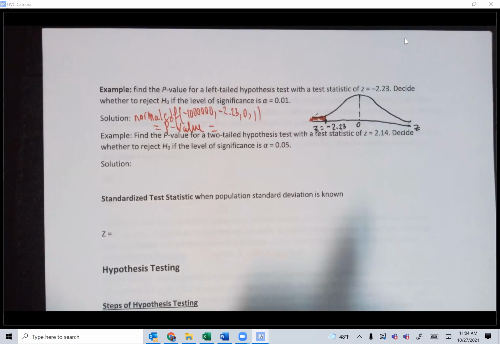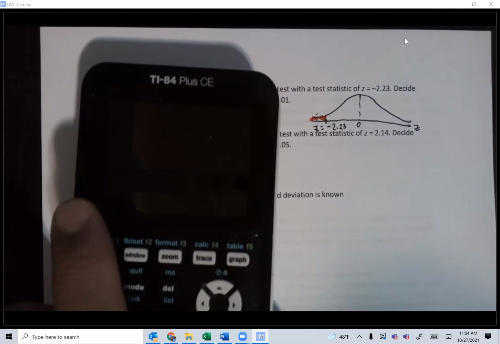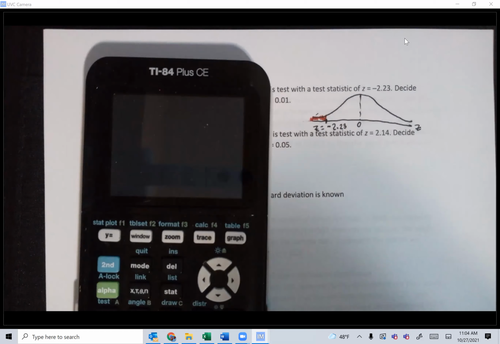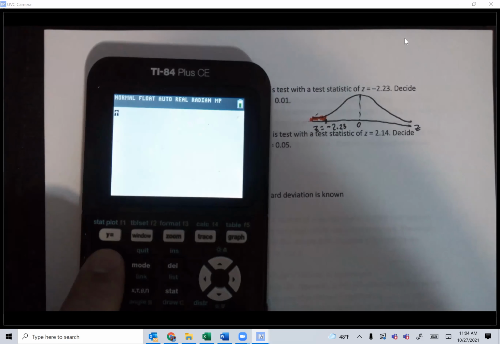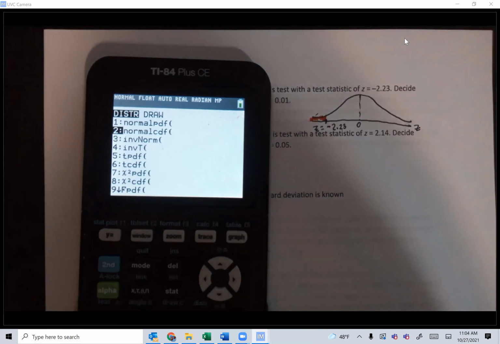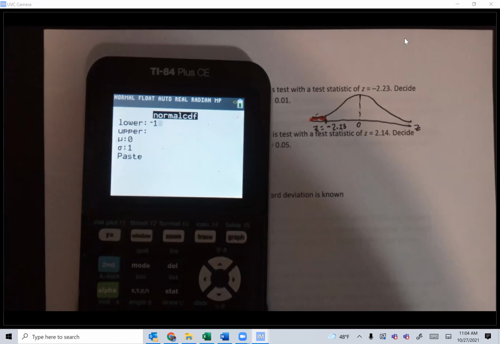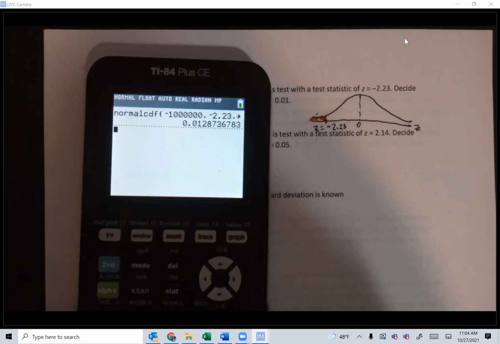Just do it like you did probabilities in chapter 5. If I use the calculator, second, distribute, normal CDF, negative 1 million, negative 2.23, 0 and 1. And this is the p-value, 0.0129.